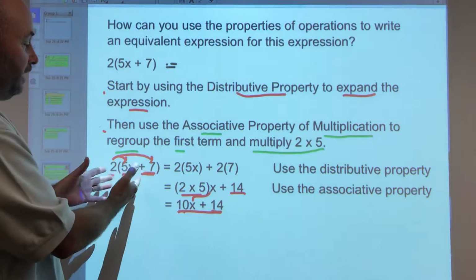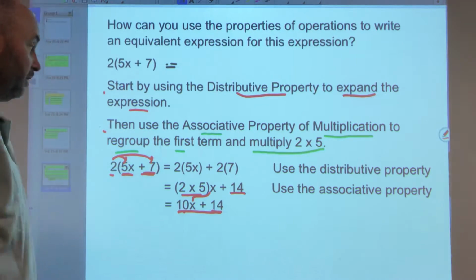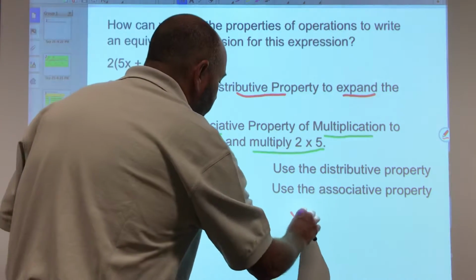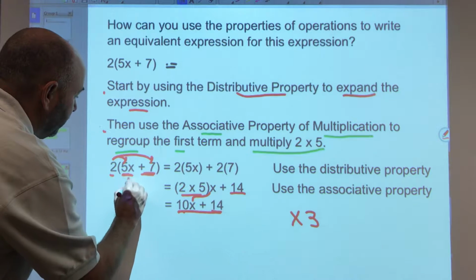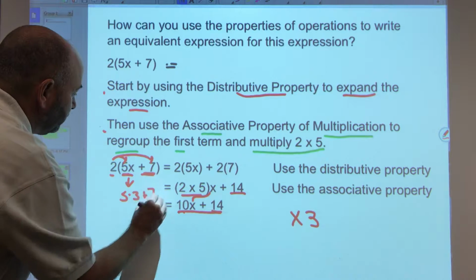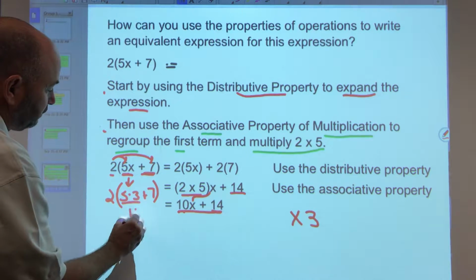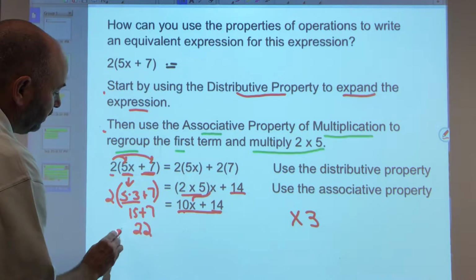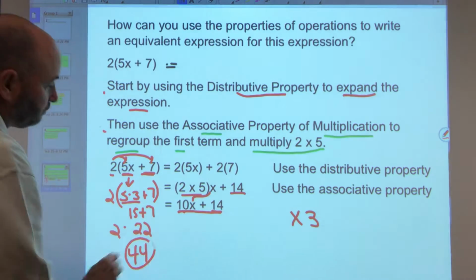And then we could plug in a value for x and actually test it and see if it works. So in other words, we could say, let's give x a value of 3. And so if we did that, we would say, okay, this is going to be 5 times 3 plus 7, okay, times 2. So 5 times 3 is 15, plus 7 is 22, and then multiply that by 2, and you get 44, okay?